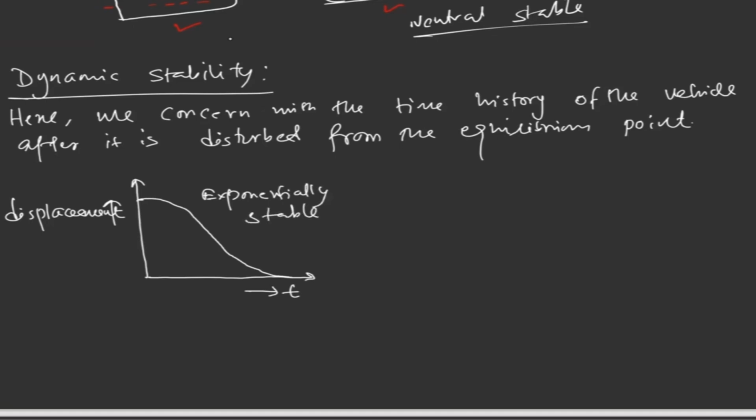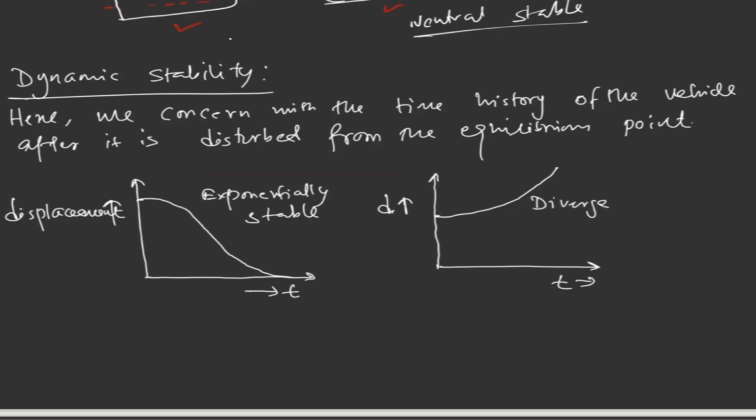And if you have another kind of response, suppose this is the time axis and this is my displacement axis. If the system starts from here, for example, and the system response over time is something like this, then we can say the system is diverging over time.